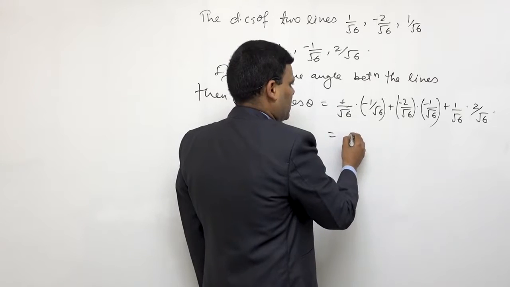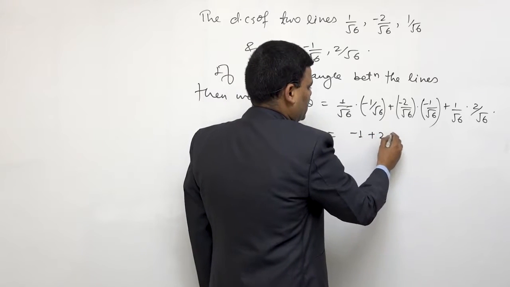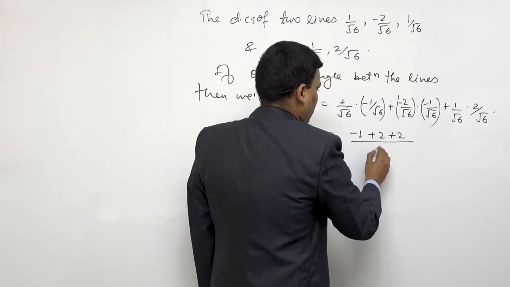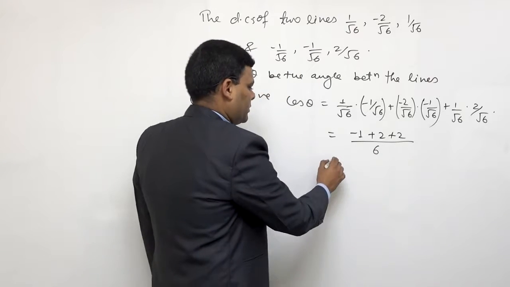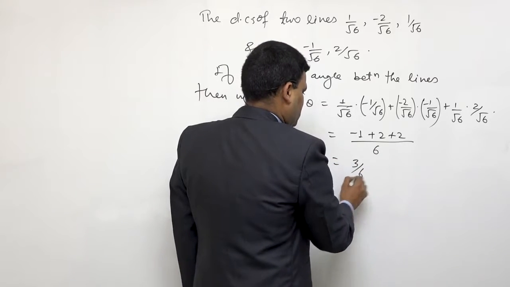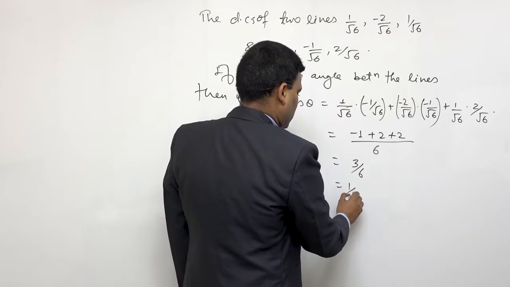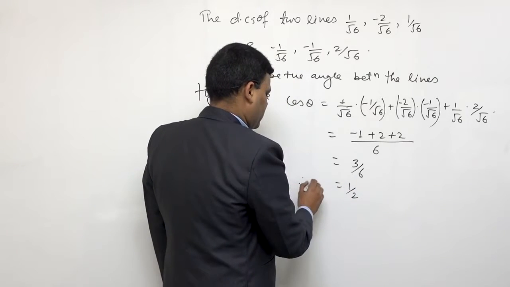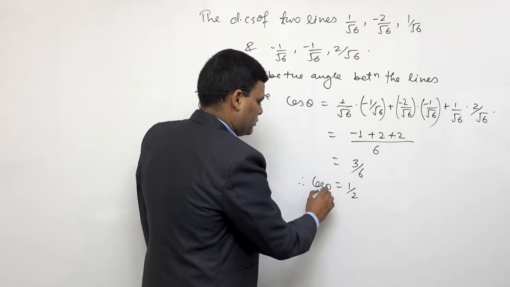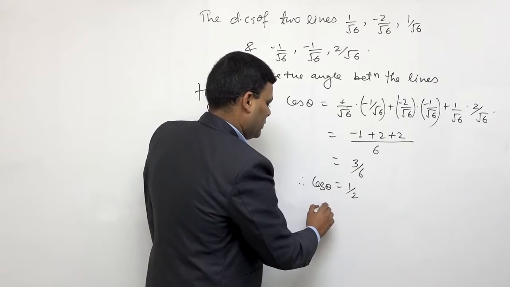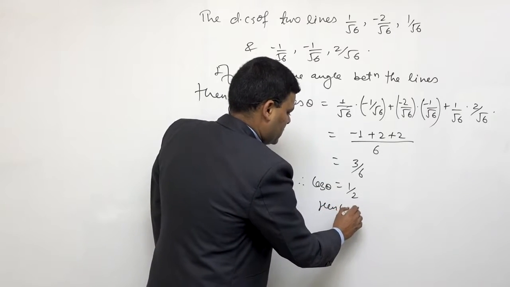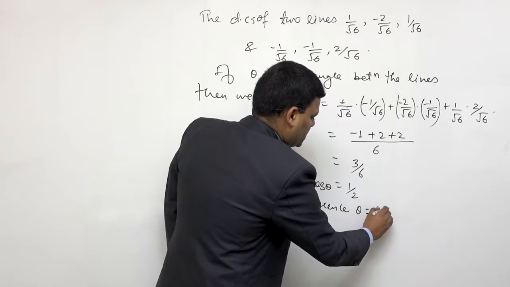This equals minus 1 plus 2 plus 2 divided by 6 equals 3 by 6 equals 1 by 2. Therefore cos theta equals 1 by 2. Hence theta equals 60 degree.